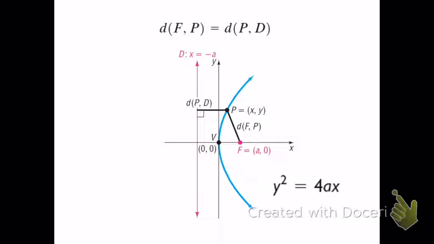The vertex is at the origin, as I said, and then the directrix is equidistant from the point. So we can see here again that this segment and this segment are congruent. That mark in there.